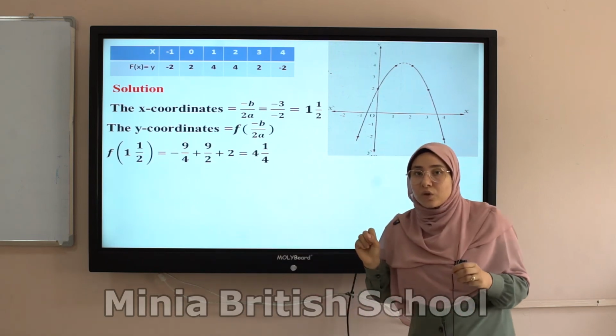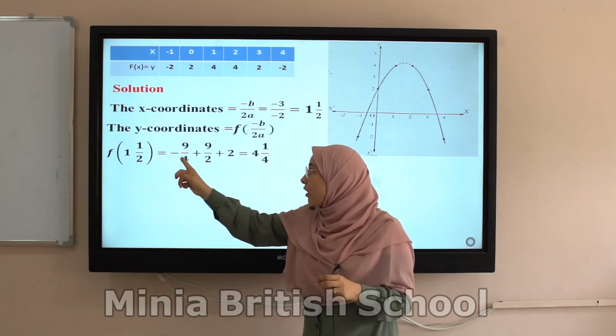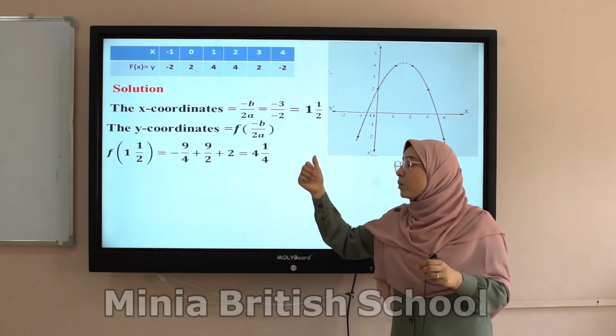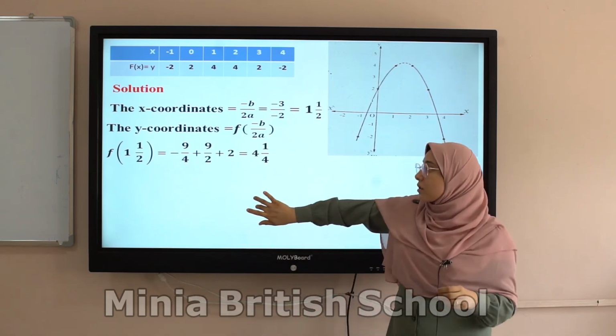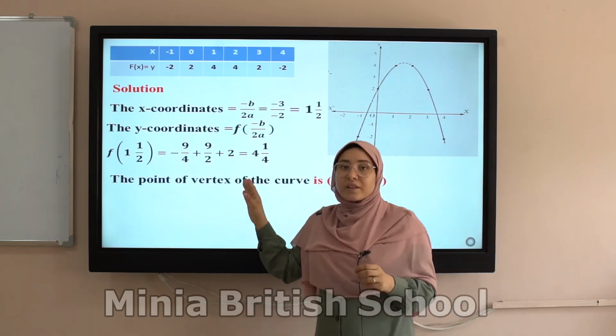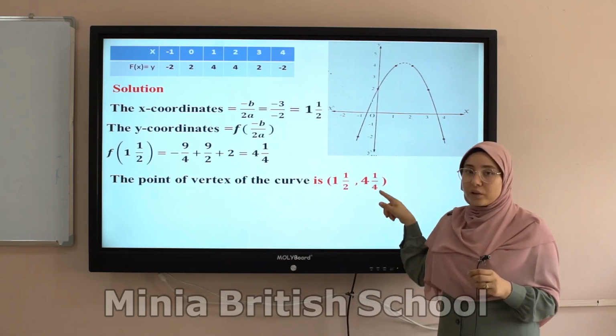When x equals 1.5, f(1.5) equals 4.25. So the vertex of the curve is (1.5, 4.25).